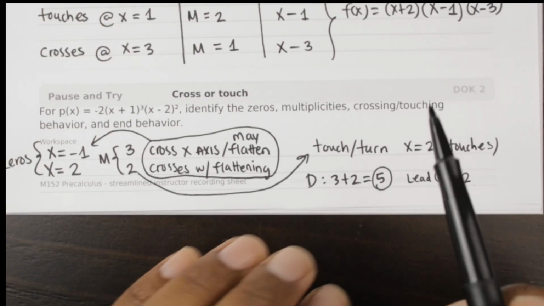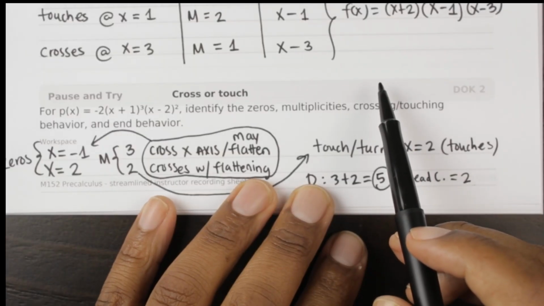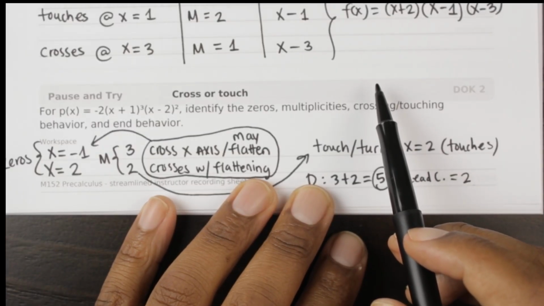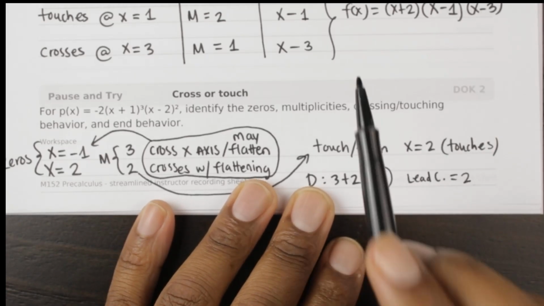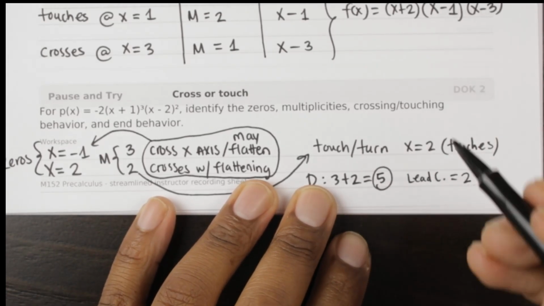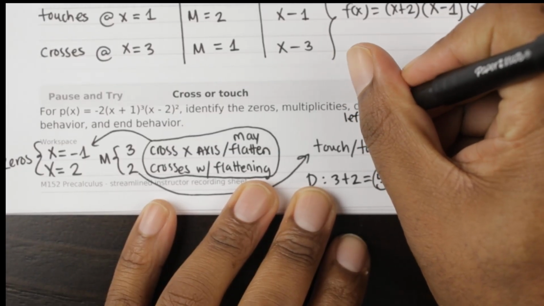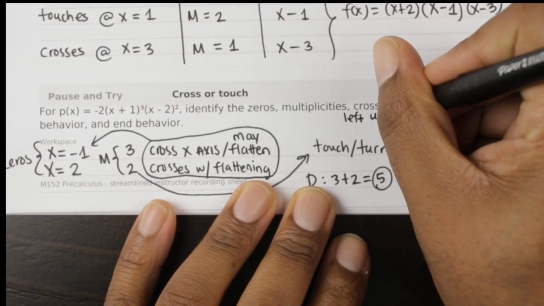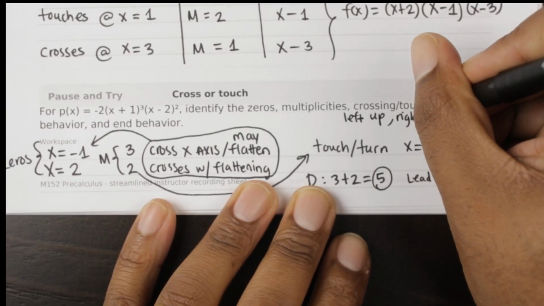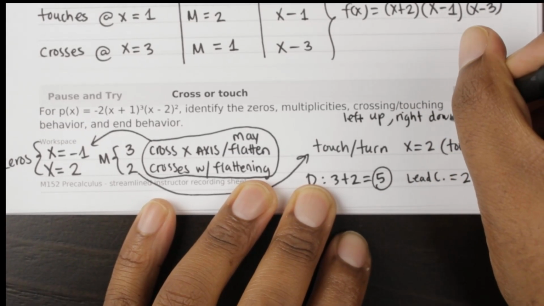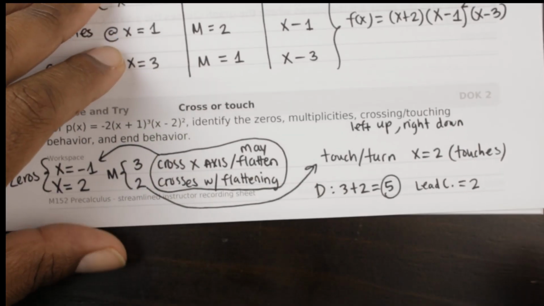So as x tends toward negative infinity, you're going to get positive infinity. As x tends towards positive infinity, you're going to get negative infinity. So the left is up and the right is down. Okay, let's continue.